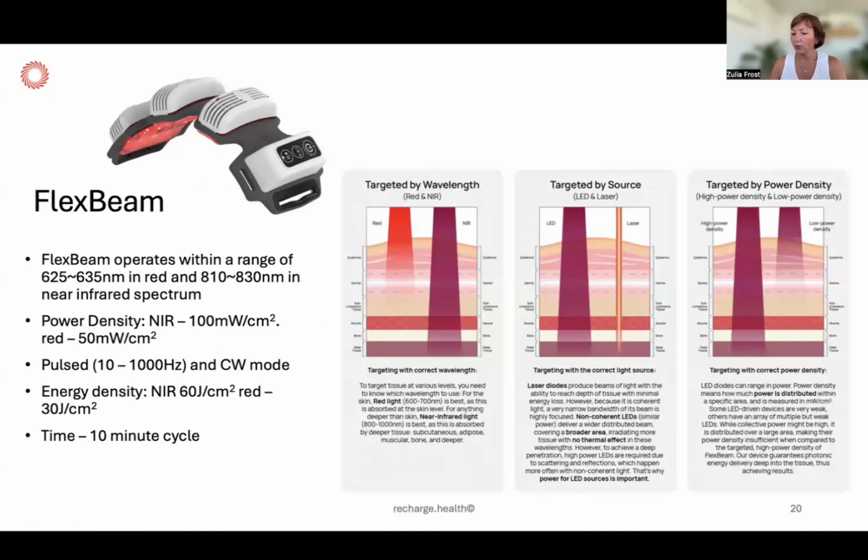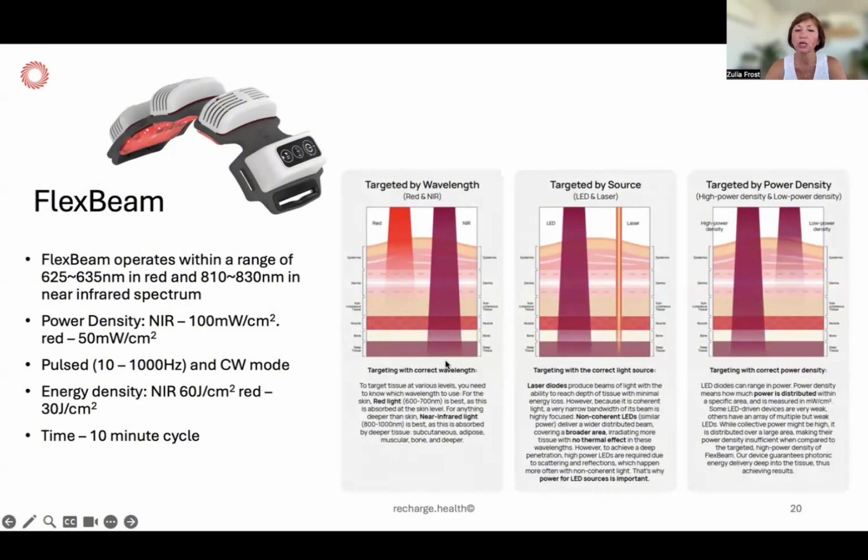So to sum up, you could see here, FlexBeam operates within the range of 625 to 635 nanometers in red and 810 to 830 in the near-infrared spectrum. So first, we target the body by using correct wavelengths.